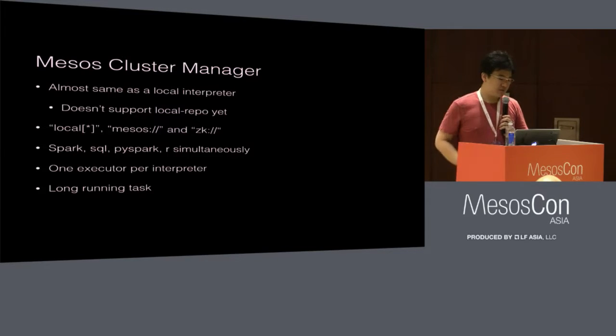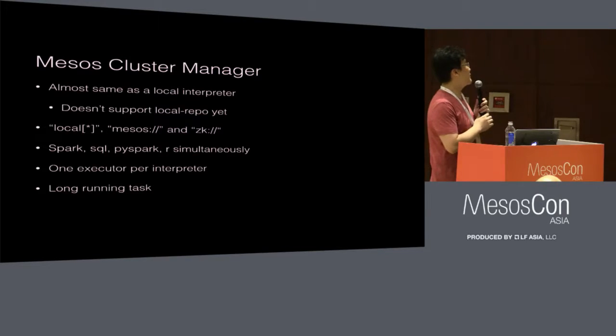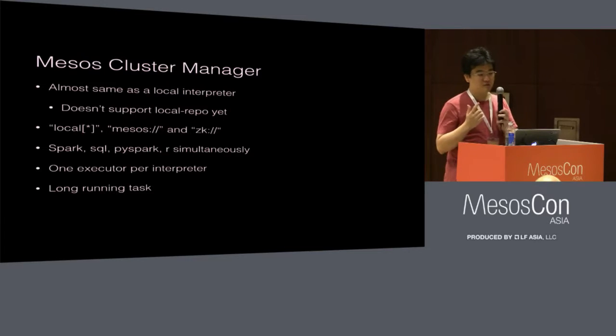Yes, this is more detail about the Mesos Cluster Manager. It behaves almost the same as the local interpreter, but there are some differences for now. For example, it doesn't support embedded Spark binary inside Zeppelin, not yet.